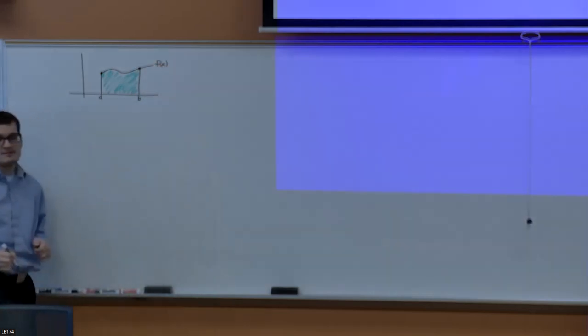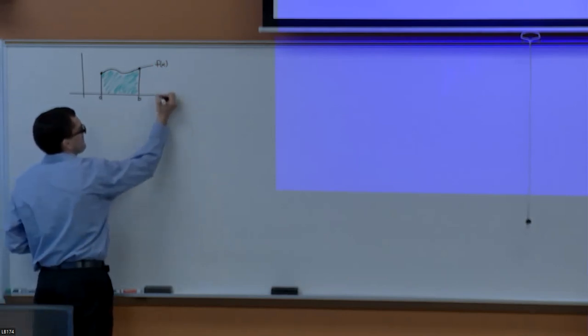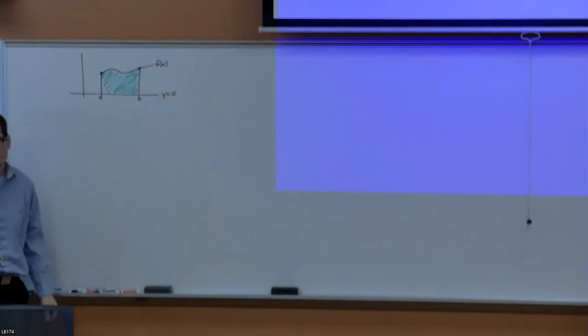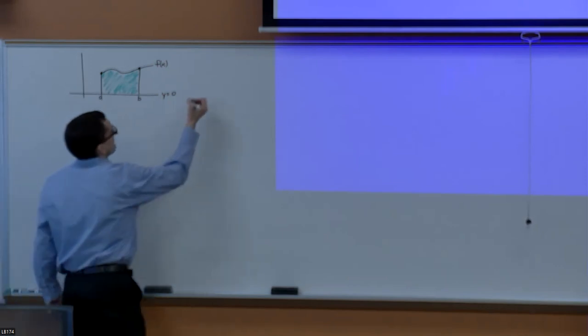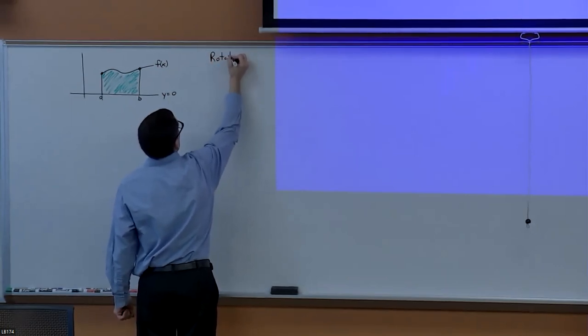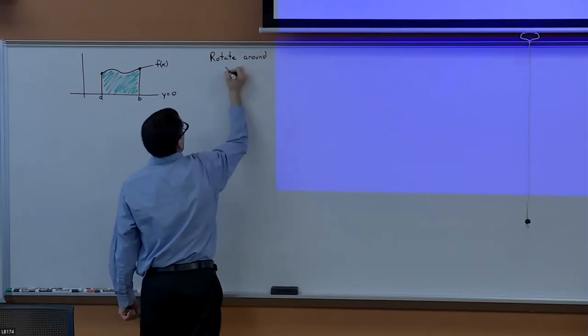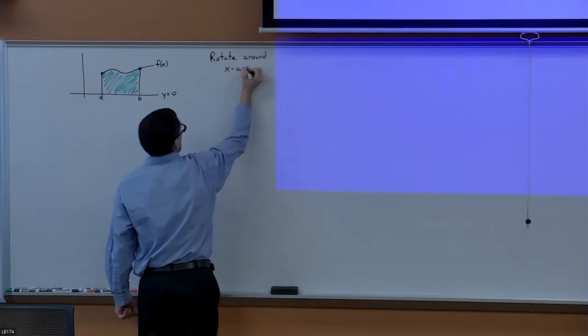Let's just say I have a function which I'll call f of x. That's the top. And the bottom will be my x-axis, which is y equals 0. That won't always be the bottom. Let's say we want to rotate around the x-axis.